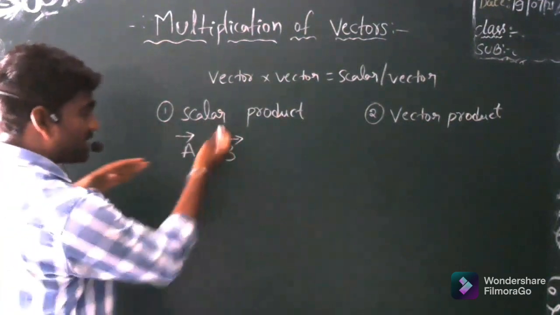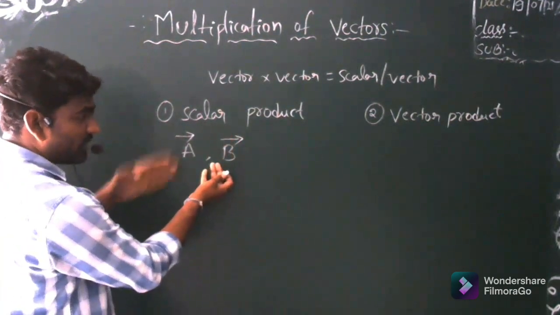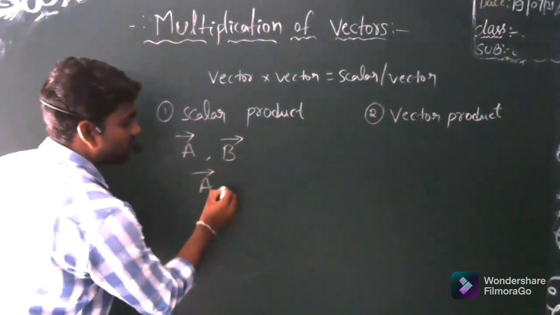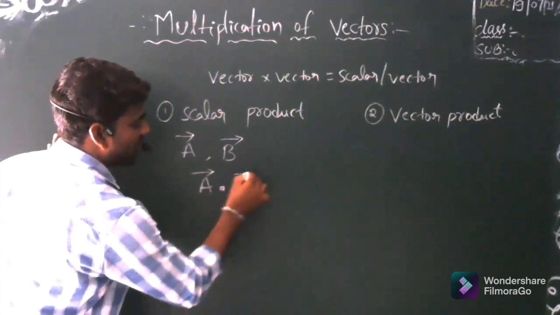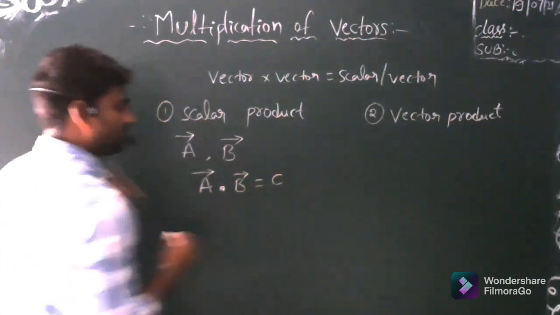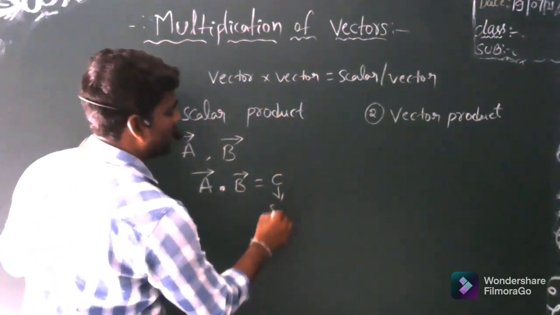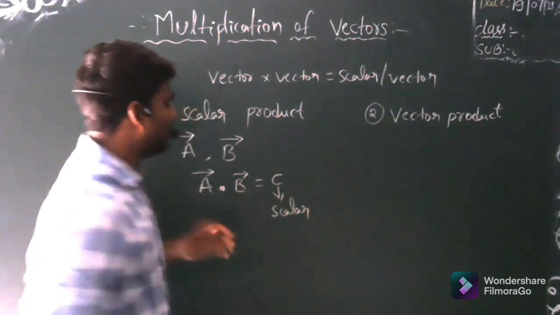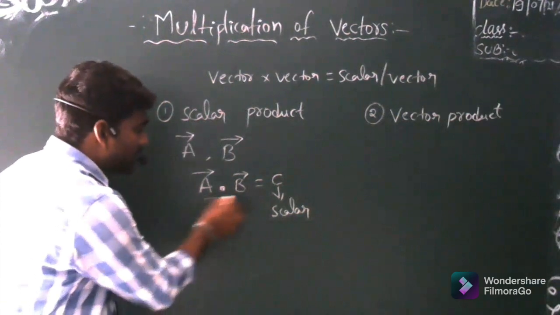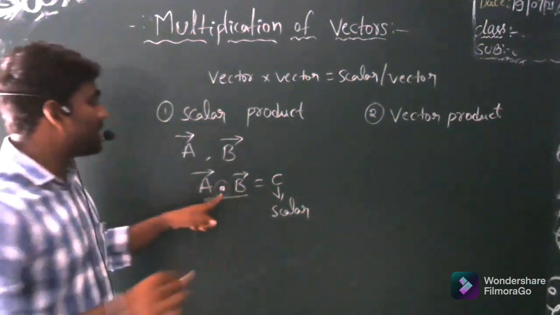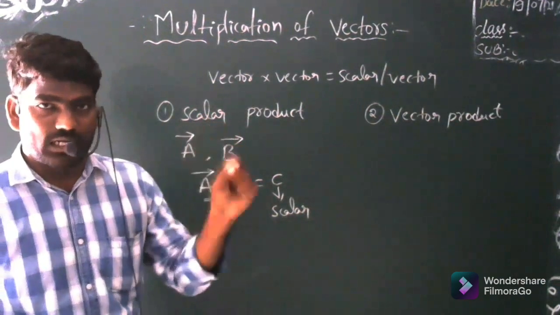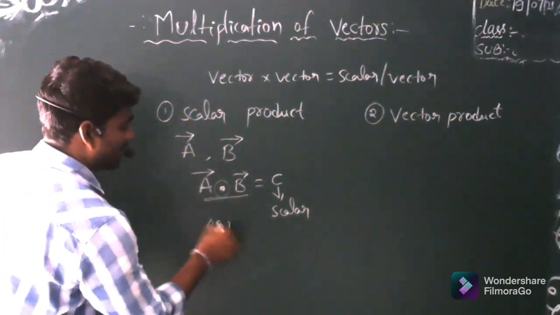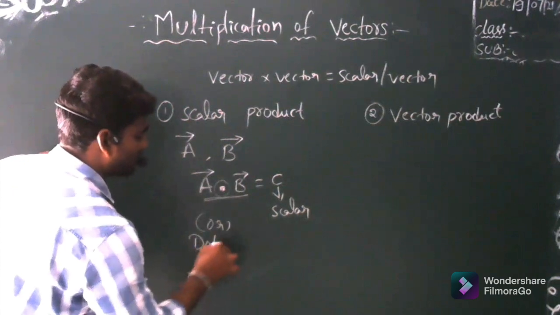We represent it as vector A dot vector B equals some C, where C is a scalar. The product of the two vectors is represented with a dot symbol. That is why it has another name, the dot product.